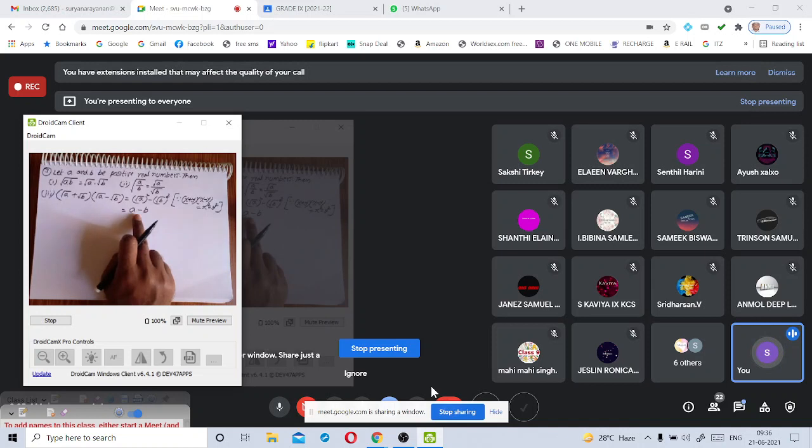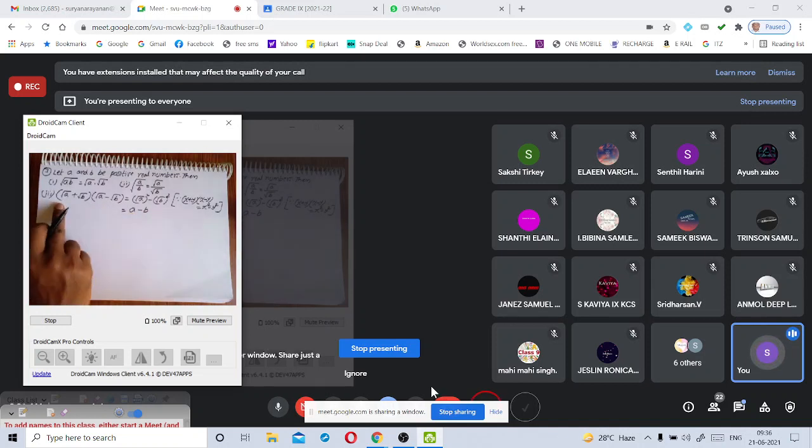a rational number. So please observe: for the irrational number root a plus root b, root a minus root b is called a rationalization factor. And for root a minus root b, root a plus root b is called a rationalization factor.